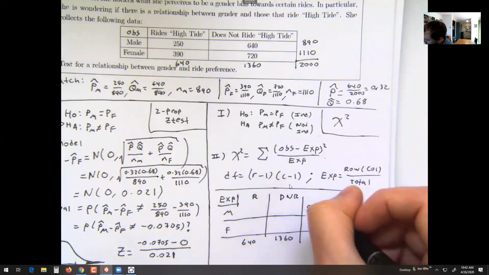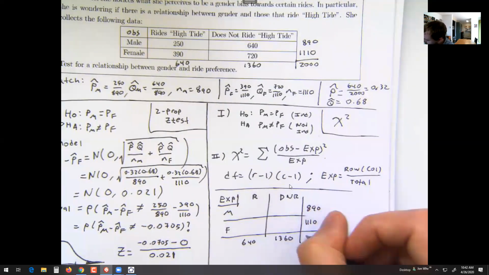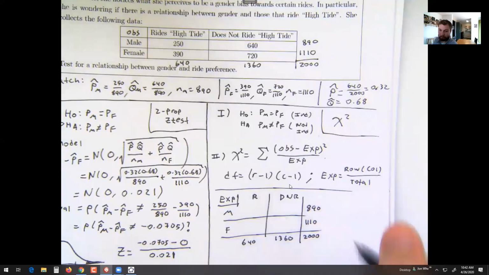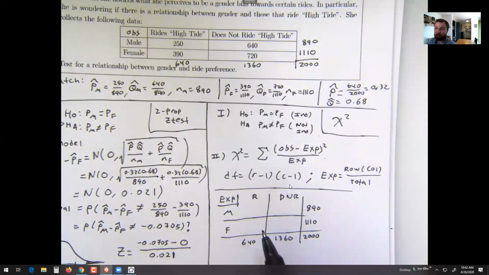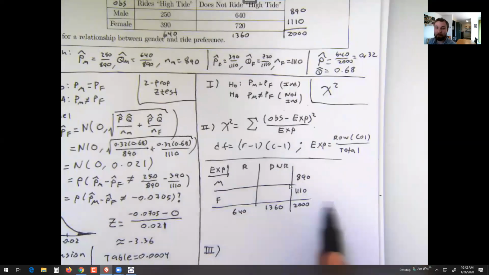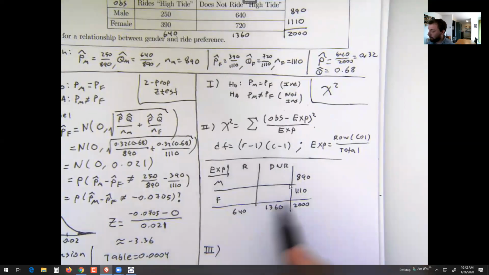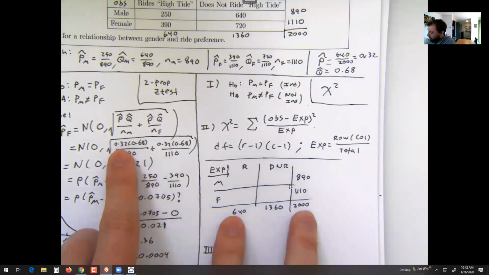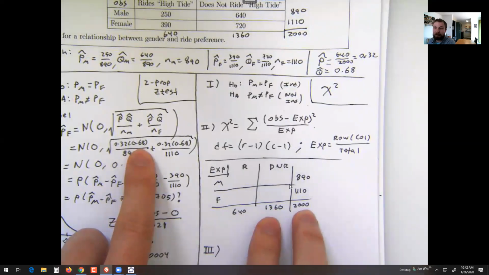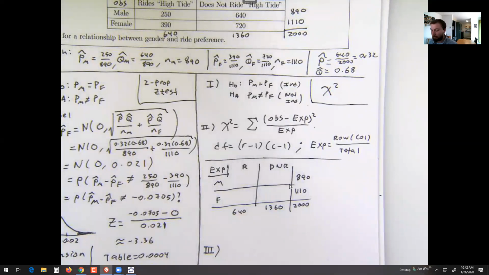I have the 890, the 1,110, and the 2,000. By preserving the totals, when I'm finding this expected value, I'm technically pooling my data together when I'm finding out what it looks like to be fair. So my expected grid here is equivalent to pooling. I still see this 32% success rate and the 68% success rate living inside of it.